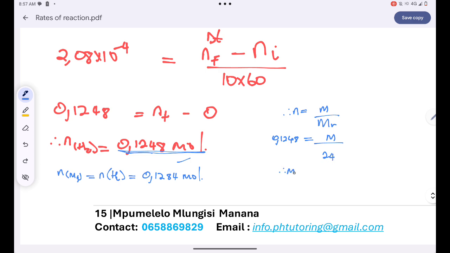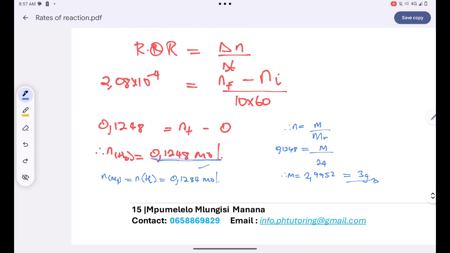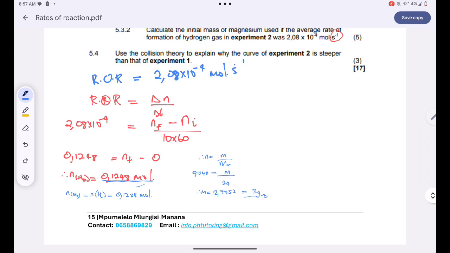So therefore the mass, I'll just cross multiply there. 0.1248 multiplied by 24 will simply give me a mass of 2.9952, which is basically equal to 3 grams, if you round off to 2 decimals. Okay, so that's how, guys, we're supposed to calculate the initial mass.